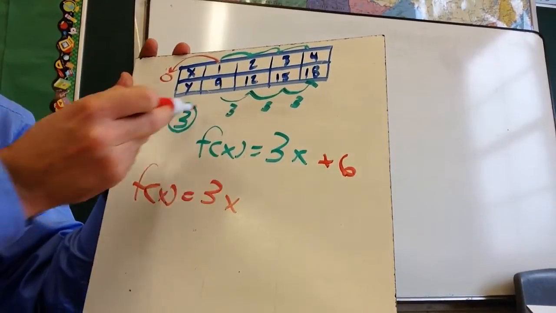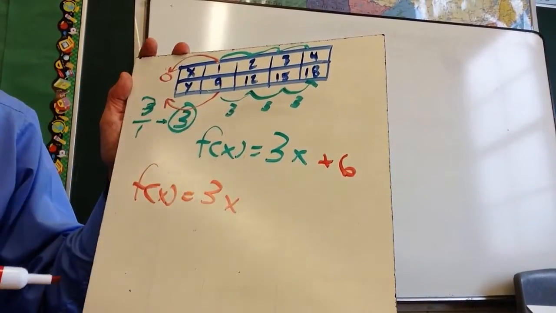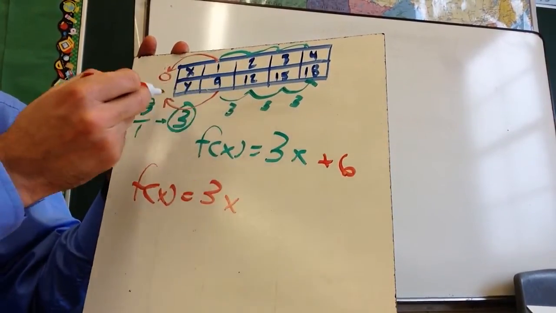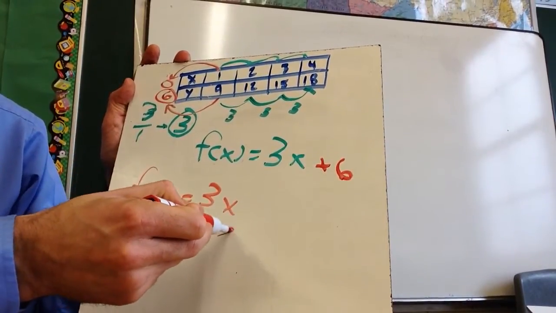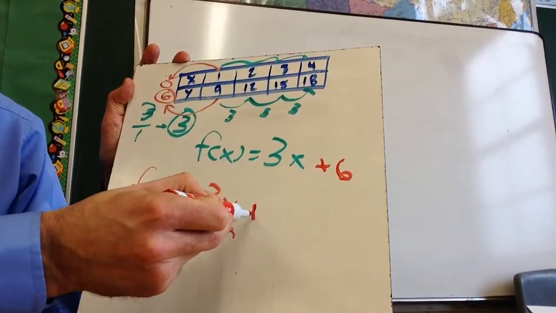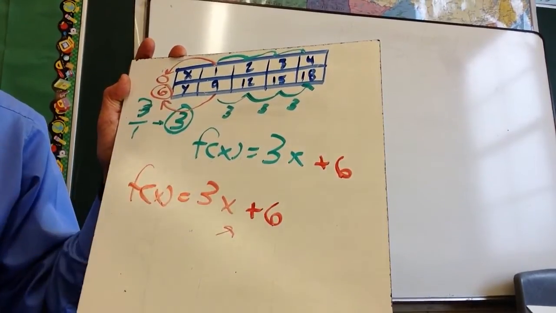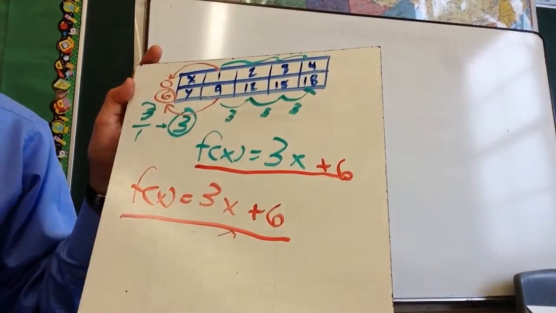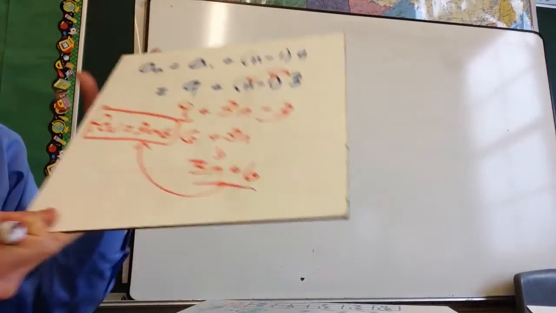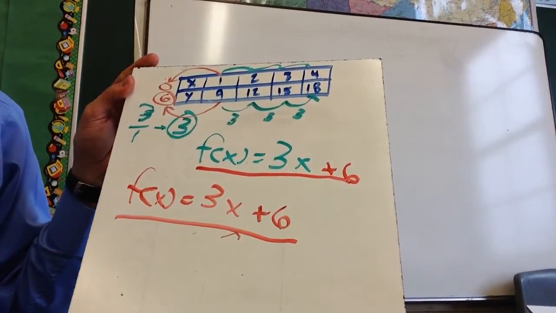So when x is 0, what is y? And y, since these are going up by 3, y would be 6. So I'm then going to take this number, and I'm going to put it down here. And since 6 is positive, it becomes positive 6. Either way, no matter how you decide to solve this problem, all of them get you to 3x plus 6.